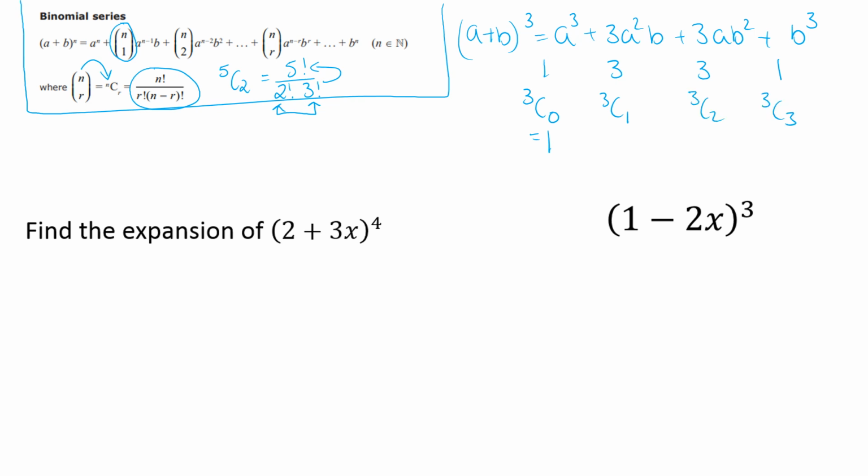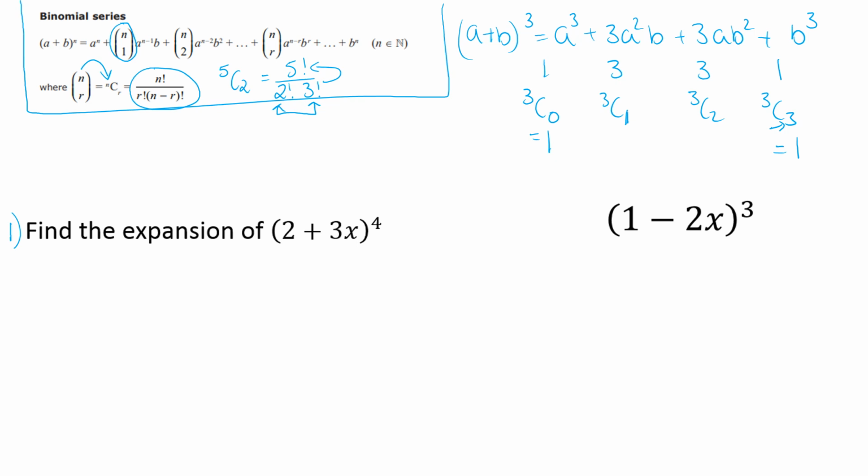So we always start with the nC0, then we're going to count 1, 2 and 3, and by the time we get to the end it's going to be nCn, and they are always going to be 1, and we know that from Pascal's triangle the beginning and the end is always going to be a 1. We can see again powers of the a's are going down, powers of the b's are going up. So let's have a go at this example here.